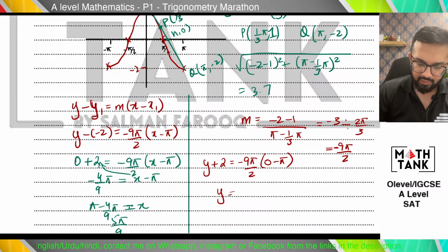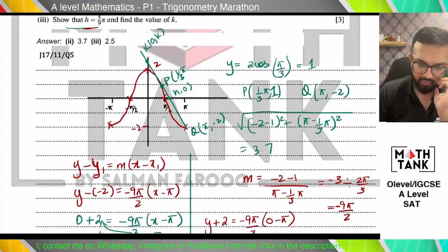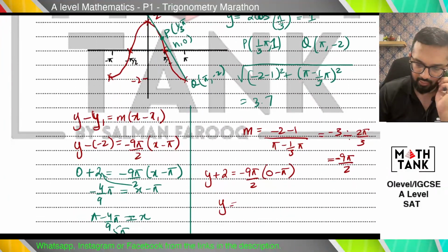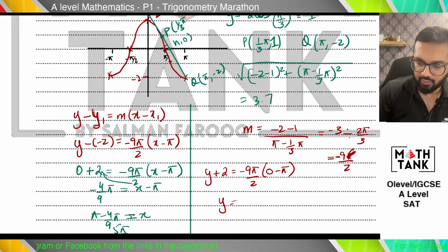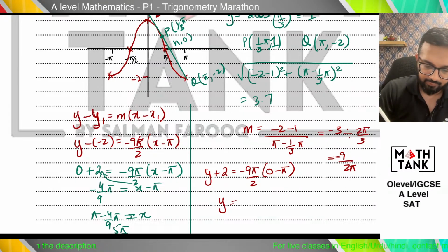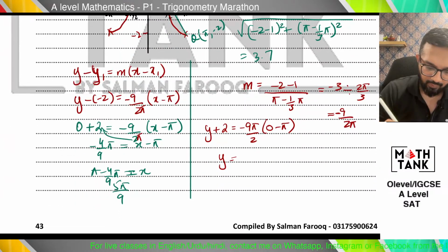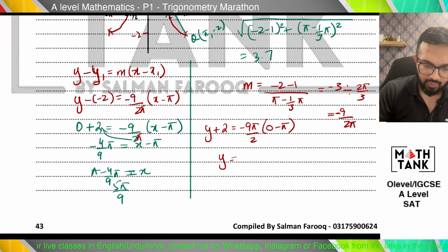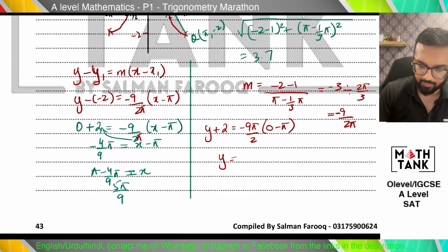Oh, I have made a very silly mistake, I think. This pi is not in the numerator, it's in the denominator. Okay, I've totally sort of skipped that part. So yeah, that's what I was worried about, that I wasn't getting something right.